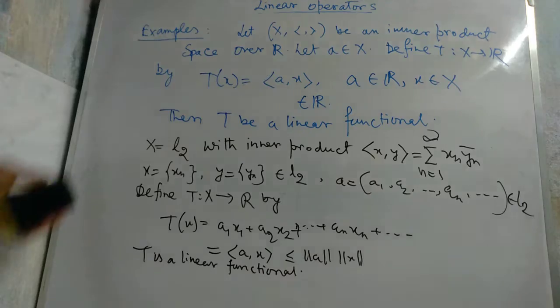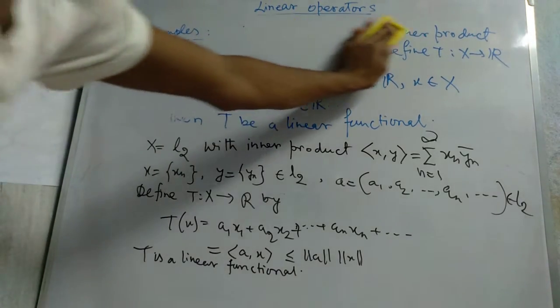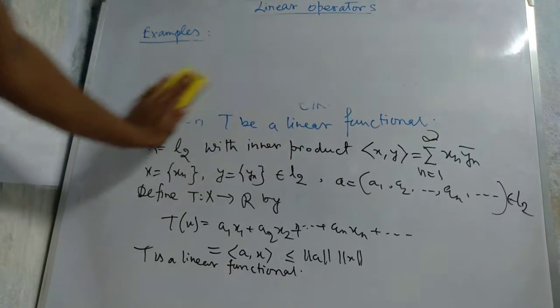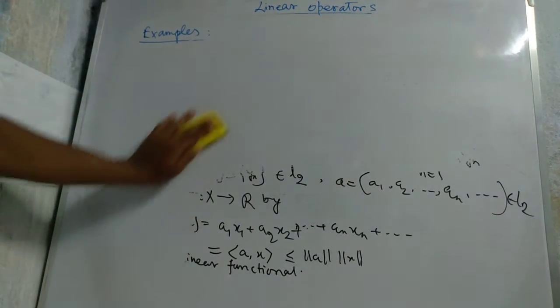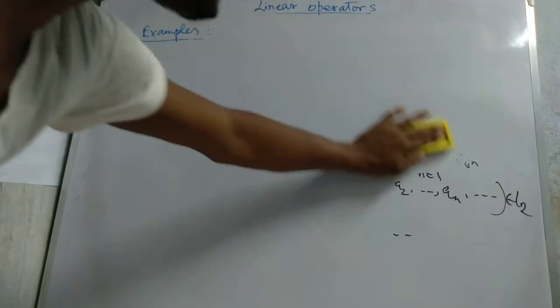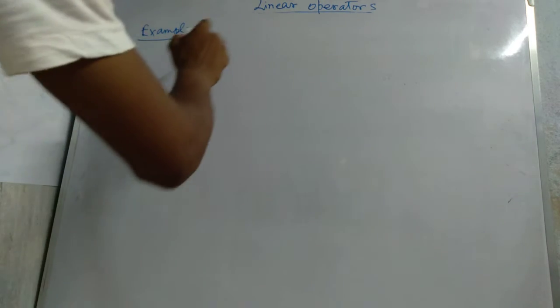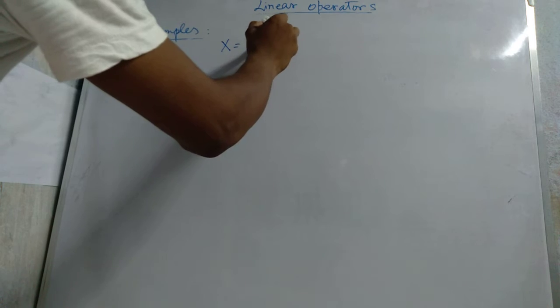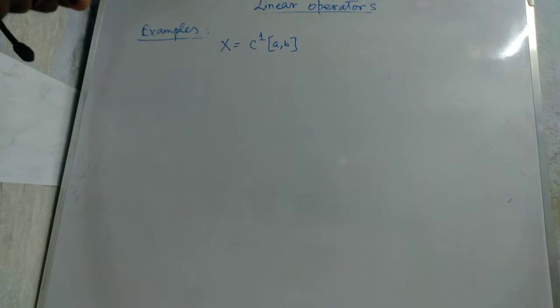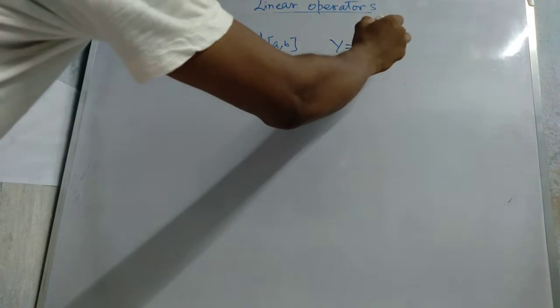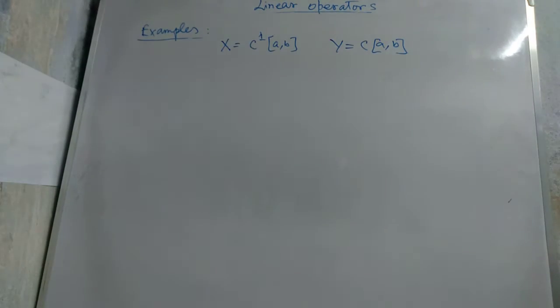Now we go to the next example, an example of a linear operator: the differential operator. We construct X equal to C1[a,b] and Y equal to C[a,b]. That means Y is the continuous functions on the closed interval [a,b], and C1[a,b] means continuously differentiable on the closed interval [a,b].